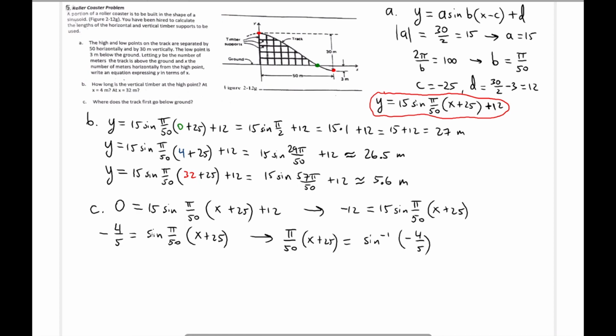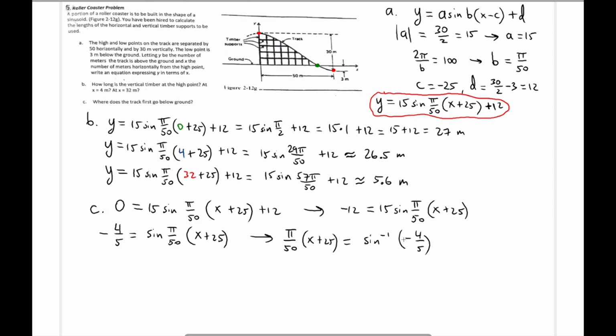That's the only way to get rid of that sine, is to take the inverse sine of both sides. That gives you the angle that's free on one side, and on the other, you just keep it as arc sine of negative 4/5.